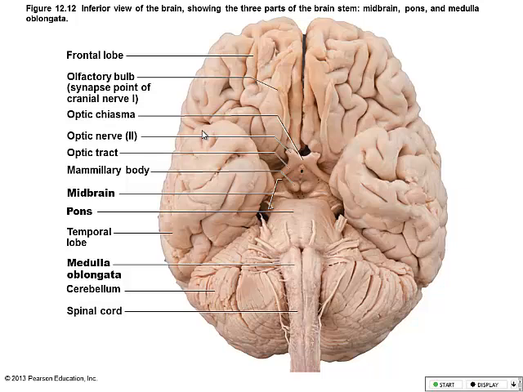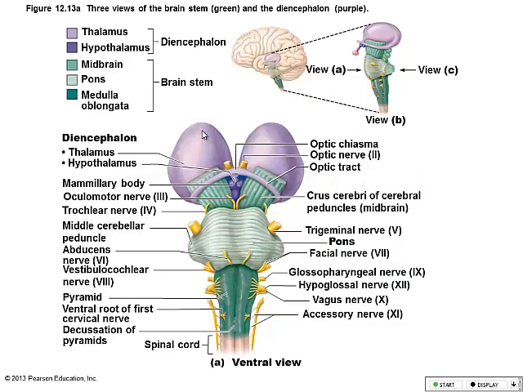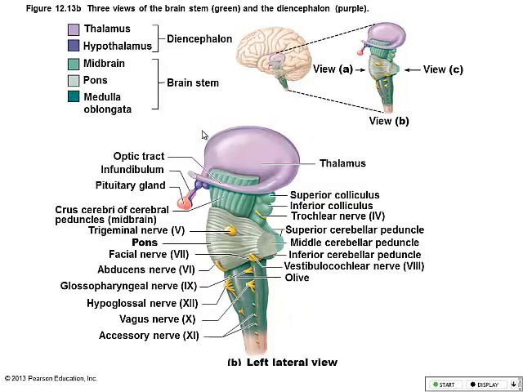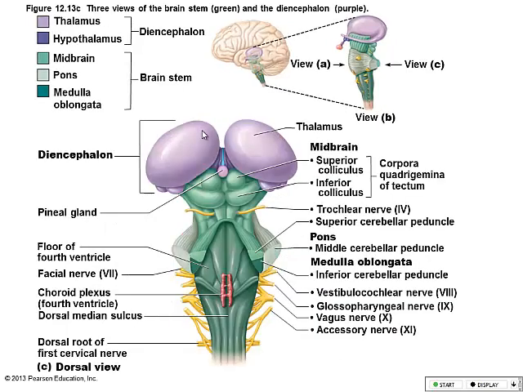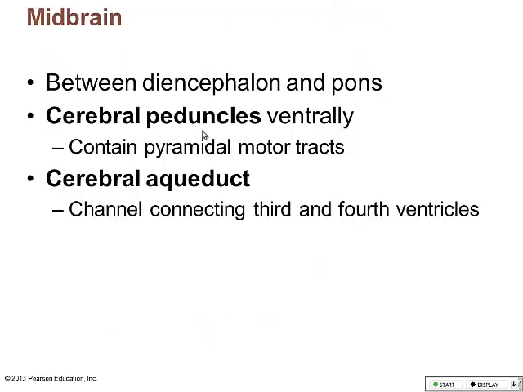So we see some of the parts that we've discussed here in this underneath portion of the brain. And we can see a whole bunch of those cranial nerves in yellow and where they enter the brain stem. These pictures are on page 444 and 445 in your textbook.